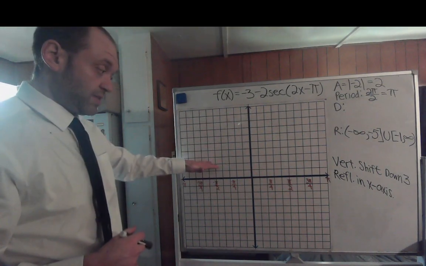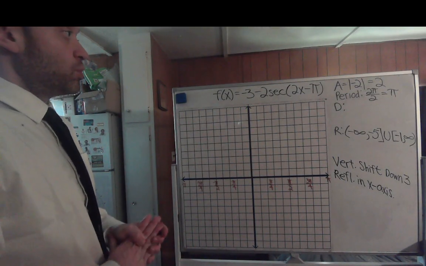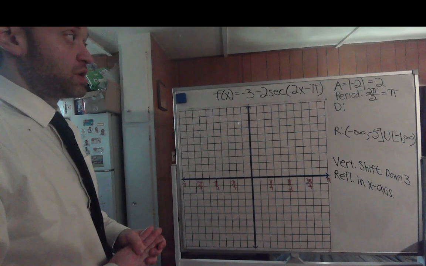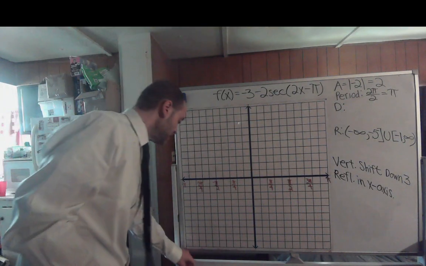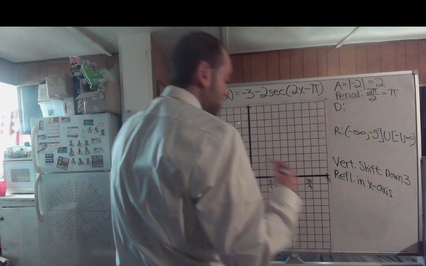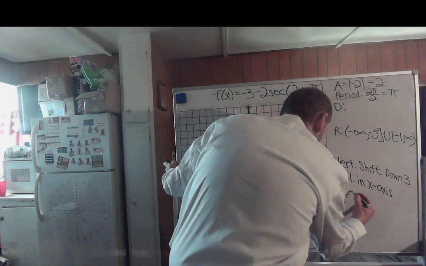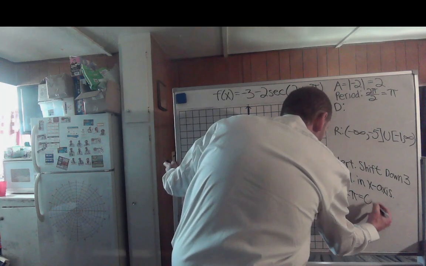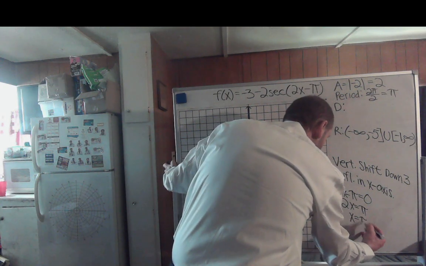Alright. So there's everything plotted. Now, we also need to figure out what the horizontal shift is. If you take that 2x minus pi, set that equal to 0, what do you get? You get that 2x equals pi, x equals pi over 2.